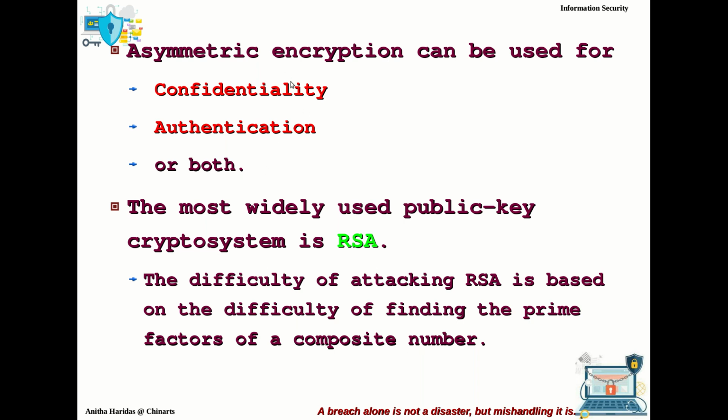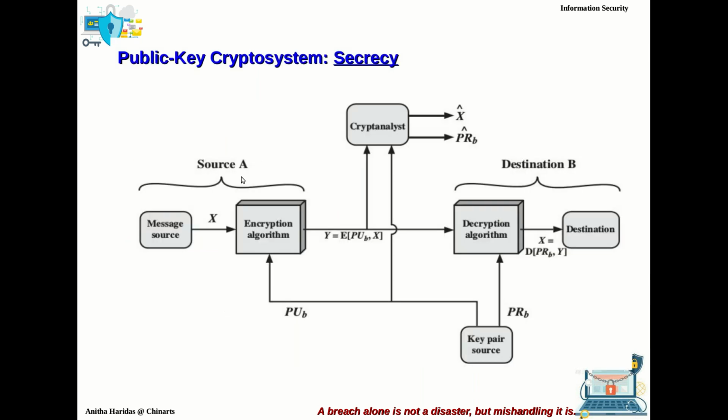Now let us see how asymmetric encryption can be used for confidentiality, authentication, and both. This is for confidentiality, which is otherwise known as secrecy. You can see here a key pair will be generated, the public key and the private key. If it is for confidentiality, the message will be encrypted using the public key.